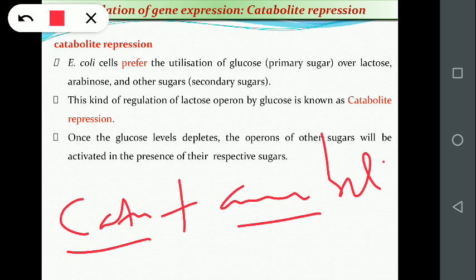Once the glucose is completely depleted, it will look at the lactose, and then start utilizing the lactose by switching on the lactose operon. That is the basic concept of catabolite repression.